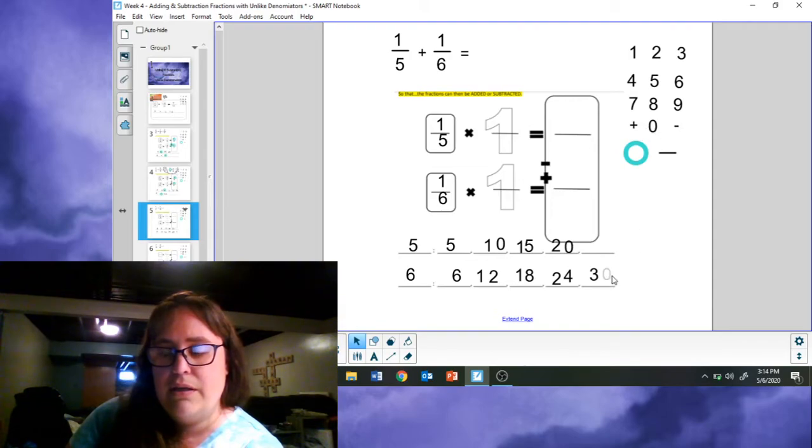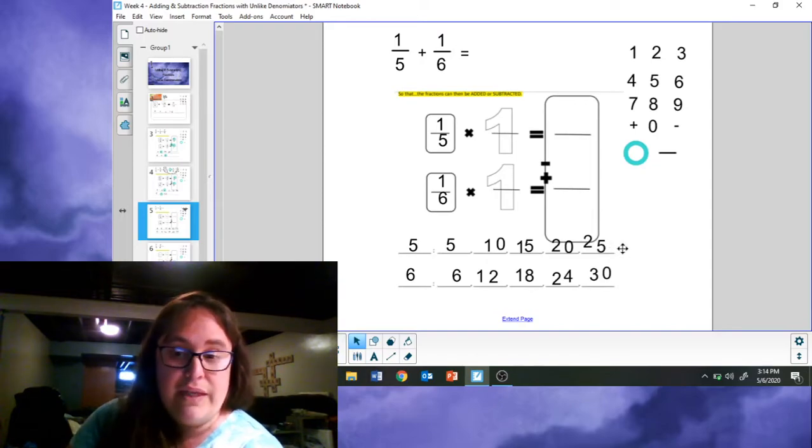Okay. Now I'm going to take a look there, and I'm going to compare. And I'm starting to panic just a little bit because none of them are in common. Then I realize I have a blank here, so I better go fill that in. 5, 10, 15, 20, 25. Does that help me? No, it doesn't.